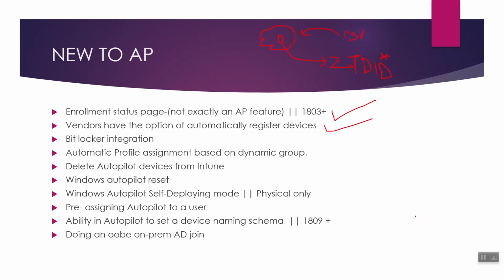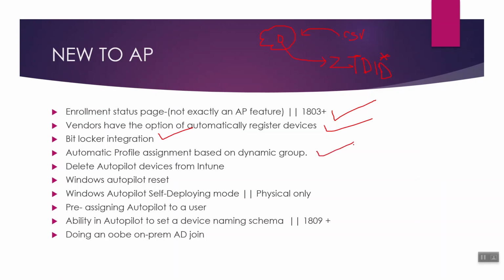Okay, all right. Also, one thing that is new to autopilot is BitLocker integration. So all the devices are automatically enabled with BitLocker encryption as an AAD standard. Another thing that we have is automatic profile assignment.